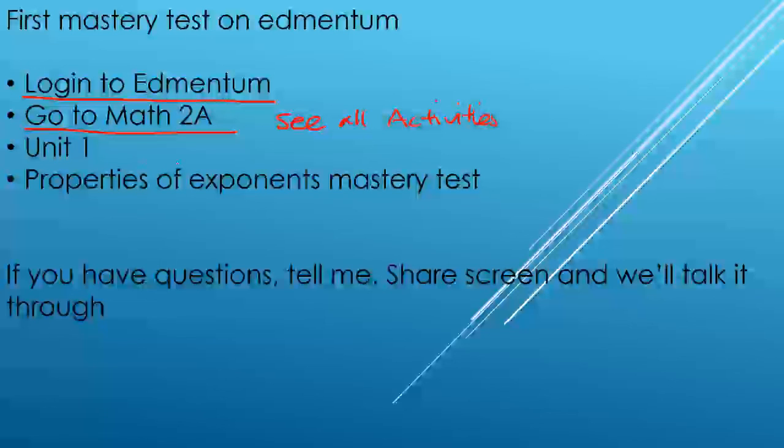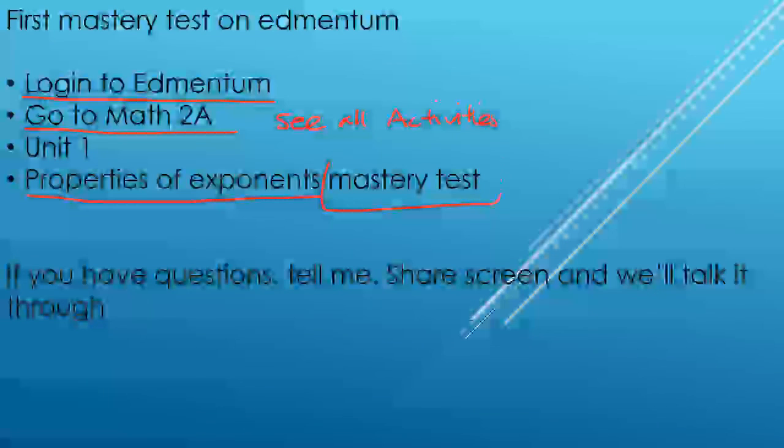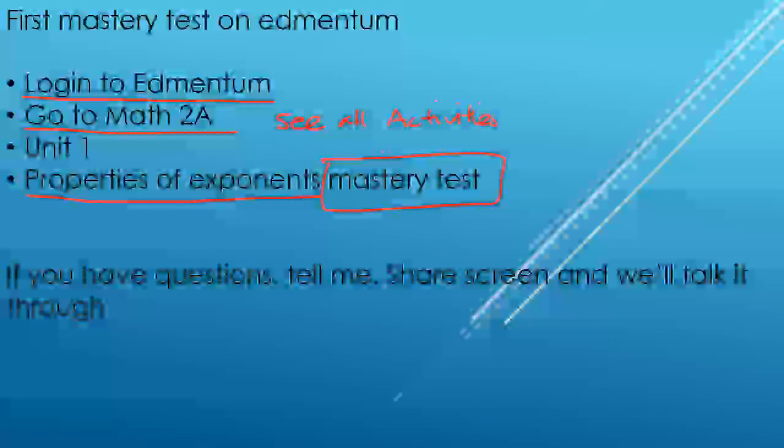And then the very first lesson is called Properties of Exponents. I want you to just do the mastery test, okay? It'll be 5 questions. I want to see how you do. And if you need to take it again, you can. It's no worries. But I want you to try now on your own. And then we'll talk about it next week, how it goes.